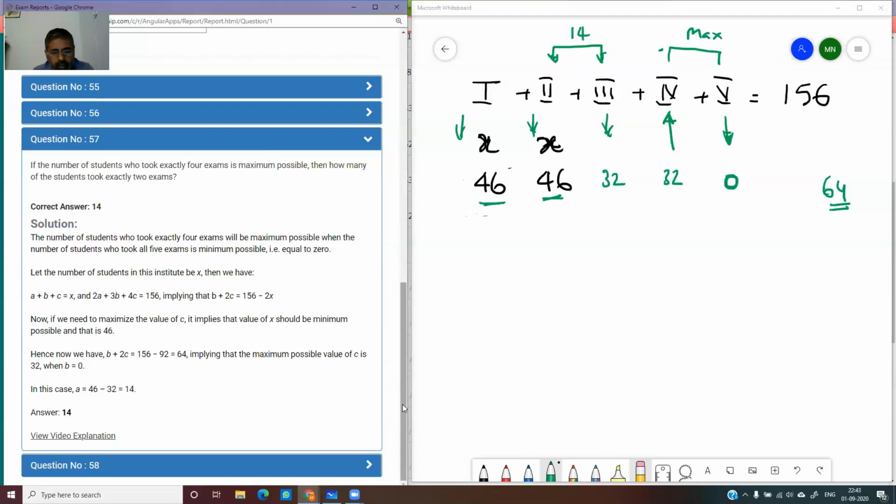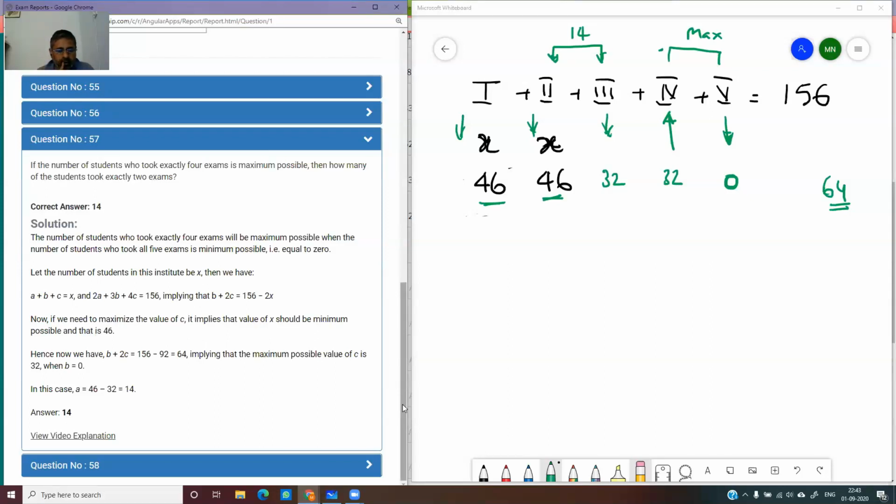Sir, I want to ask you one thing. 46 is when we are trying to maximize the number of students, right? Let's look at it very clearly. What is it that you have to maximize? Yeah, we have to maximize 4 and minimize 5. I understood this.